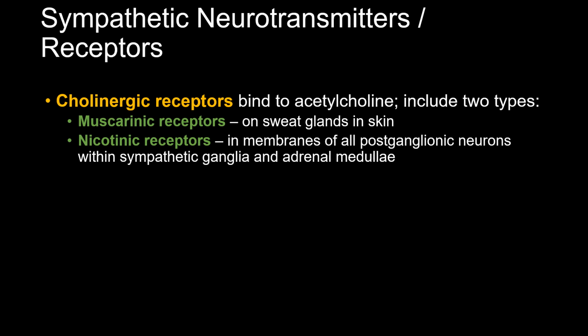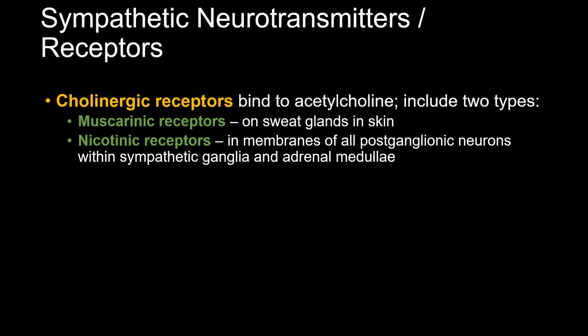So the first we're going to talk about are cholinergic receptors that bind to acetylcholine. Now there are 2 types of cholinergic receptors. There are the muscarinic receptors, so named because they bind the poison muscarine.